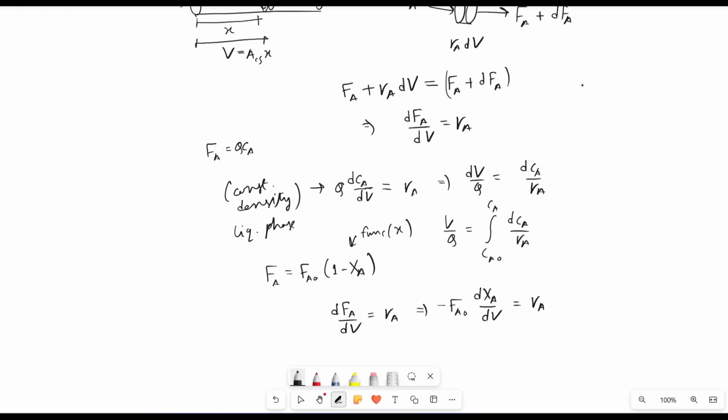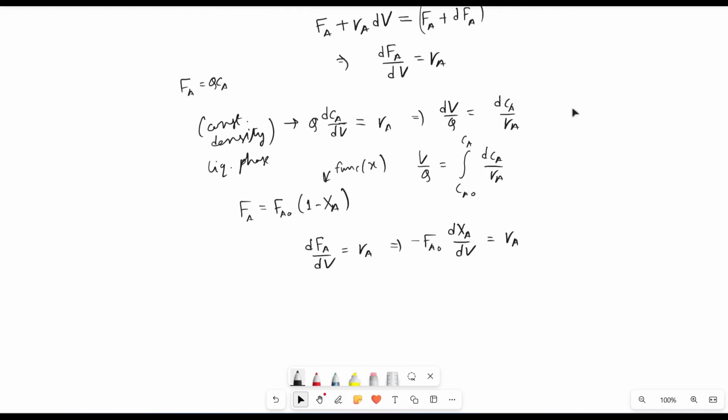Now this can be simplified as dV by FA naught is equal to dXA by minus RA. Volume of plug flow by FA naught is equal to the integral from 0 to XA exit of dXA by minus RA.